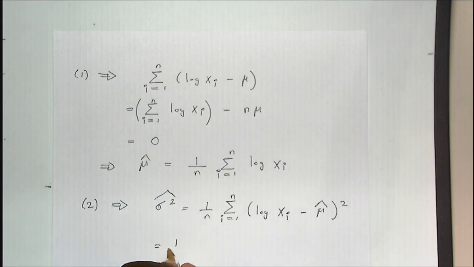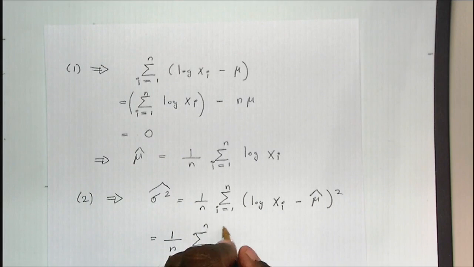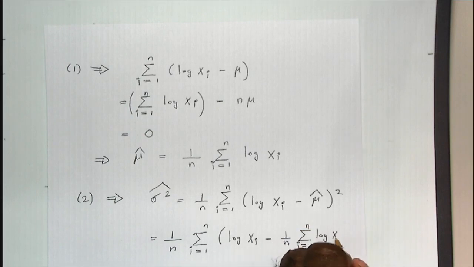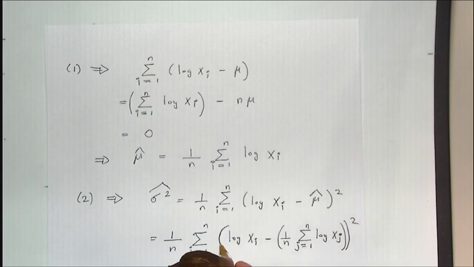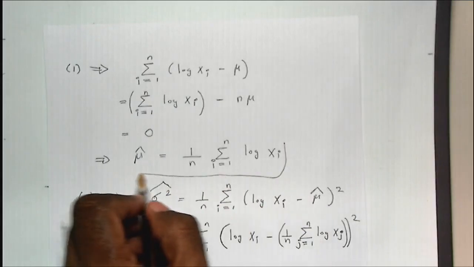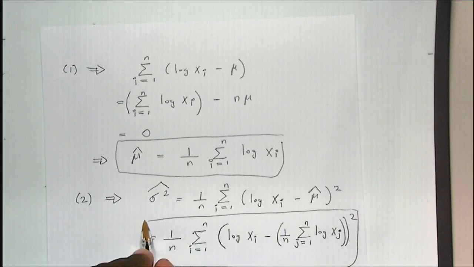So this would be 1 over n... all right. So this is the estimator for sigma squared, and this is the estimator for mu, and this one is the estimator for sigma squared.